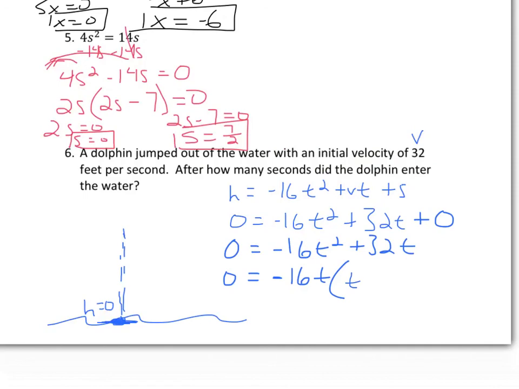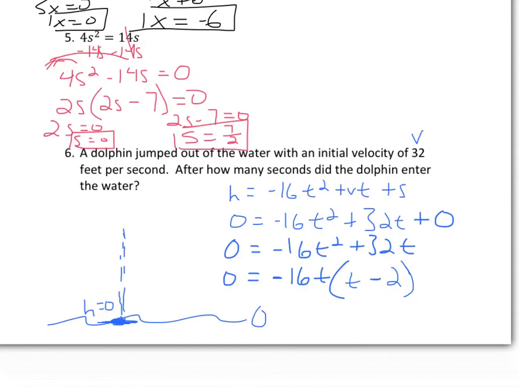And in the second one, 32 divided by negative 16 is negative 2. A way to check that: negative 16 times negative 2 is positive 32. So we're good there. And when you take a t out, you won't have any t's left. So it's factored like this: negative 16t times t minus 2.